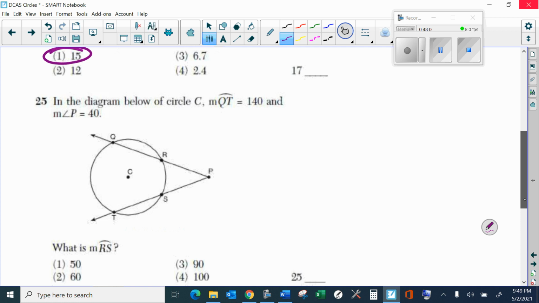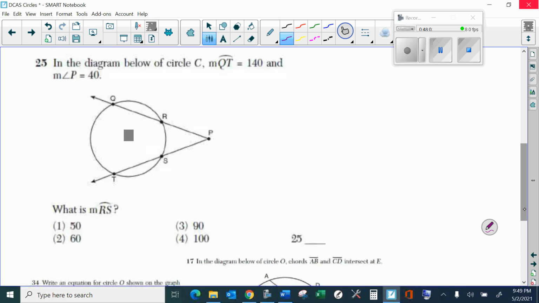Okay, and here we have the measure of angle P. This arc QT measure right here is 140 degrees. Measure of angle P is 40. What's the measure of arc RS? Remember, it's the outside arc, or big arc, minus the smaller arc.